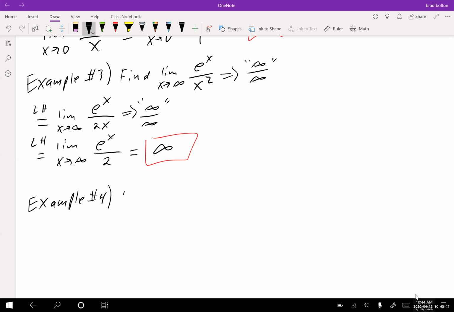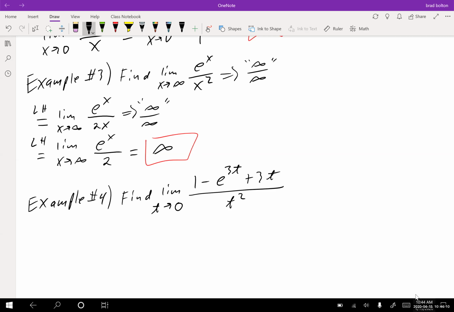It says, find the limit as t approaches 0 of 1 minus e to the 3t plus 3t, all divided by t squared. Okay. Now here's the thing.